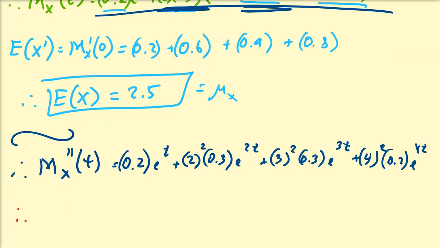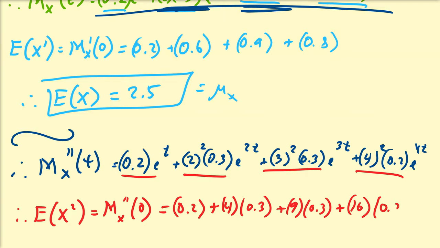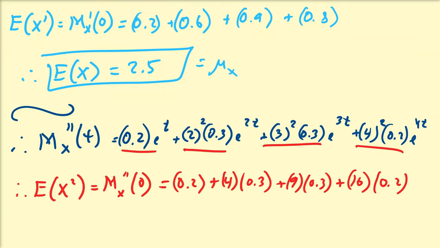So I'm going to evaluate the second derivative at 0. So that's going to give me the second moment of my random variable x. So this is equal to my moment generating function's second derivative evaluated at 0. So that's going to be equal to, so we have 0.2 plus 2 squared is going to be 4 times 0.3 plus 3 squared is going to be 9 times 0.3 plus 4 squared is going to be 16 times 0.2.